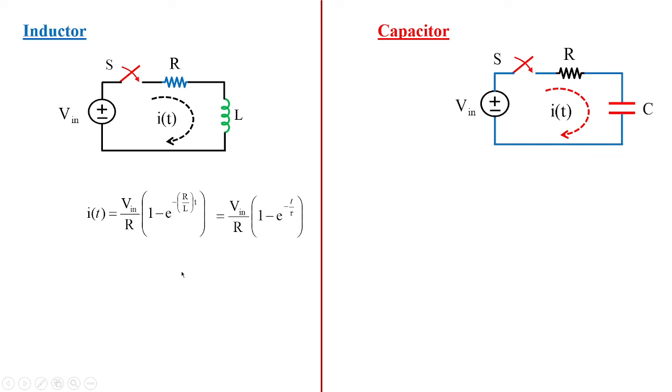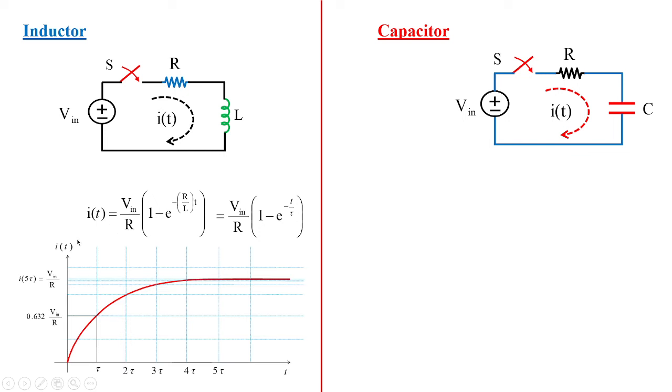You can look into those videos and easily obtain the transient current for an RL circuit when the input is given as V in through a switch. So this is the equation of the transient current. And when you look into the waveform of transient current with respect to time, according to this equation, you're going to get an exponential rising curve.